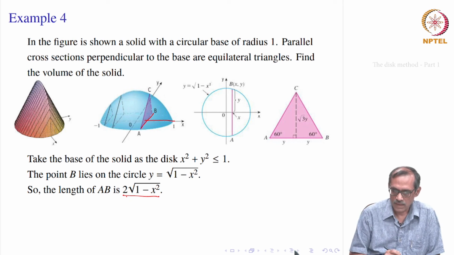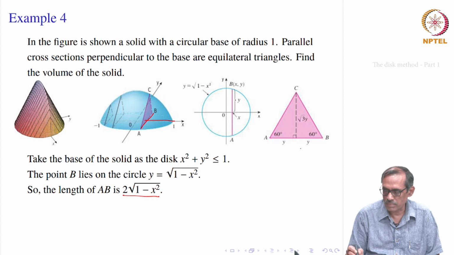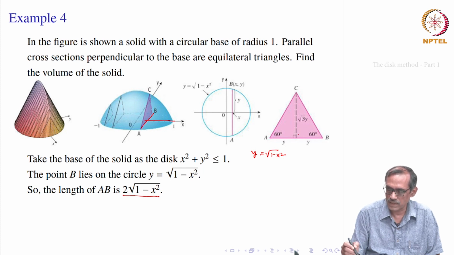Okay. So, we come back to this pink picture here. What happens if this side is y, where y equal to square root of 1 minus x square, then its perpendicular length, because all the sides are same, will be root 3 times y, right, because this side is 2y.